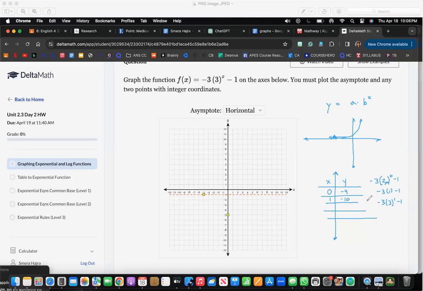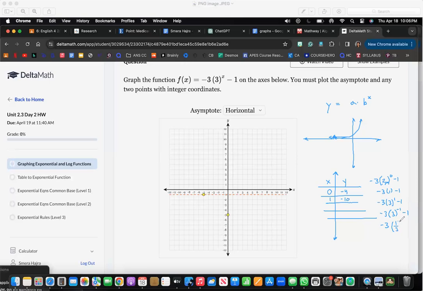If you plug in a 2 there, you're going to start getting really big numbers. You could also try negatives. After a while, you get used to what numbers are going to be good to plug in. Negative exponents create fractions, which are hard to graph, but 3 to the -1 just creates a fraction itself.